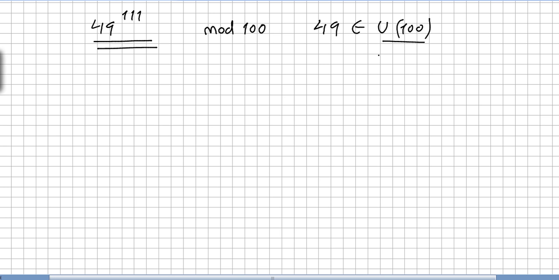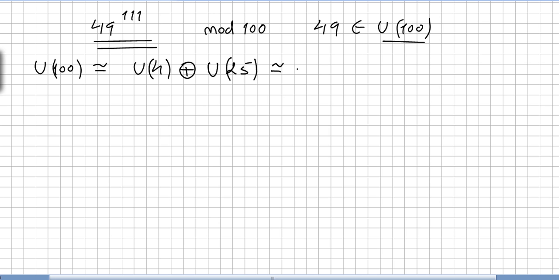Okay, but now you use the previous theorems. So you get units modulo 100. You check that that is isomorphic to U(4) external product U(25), right? 4 times 25.